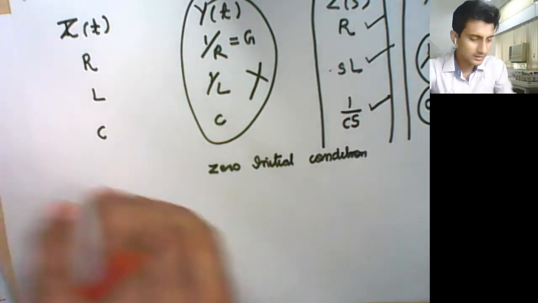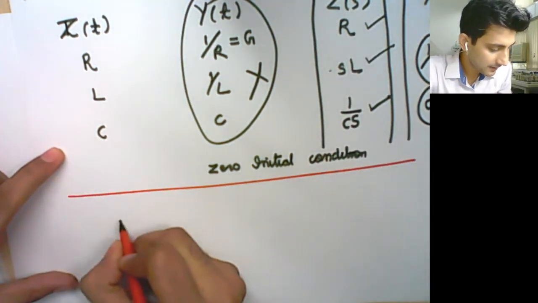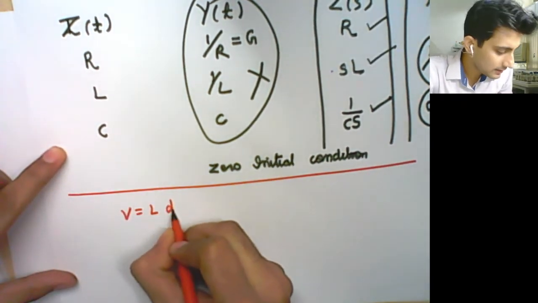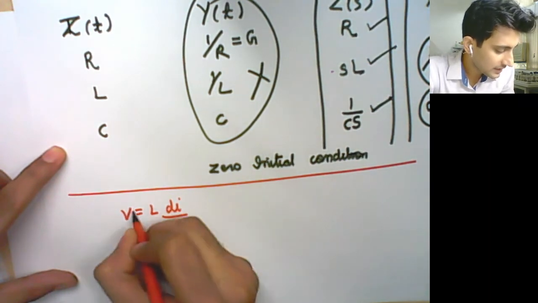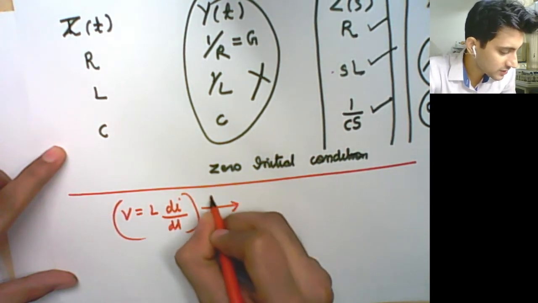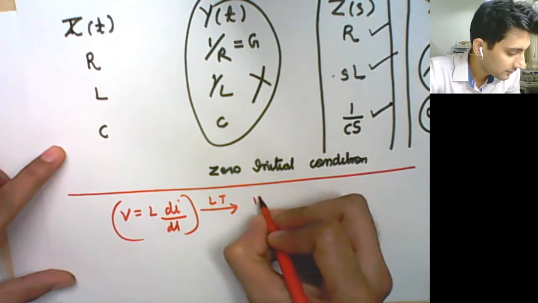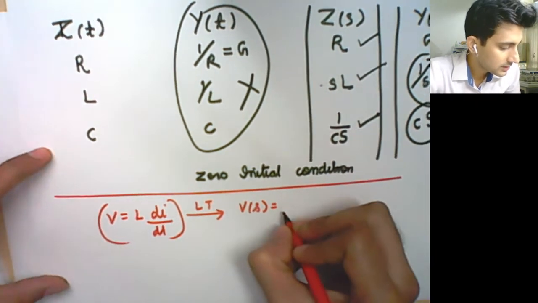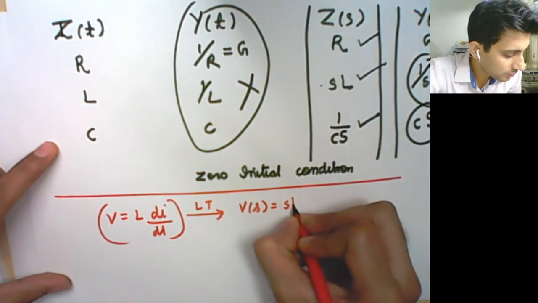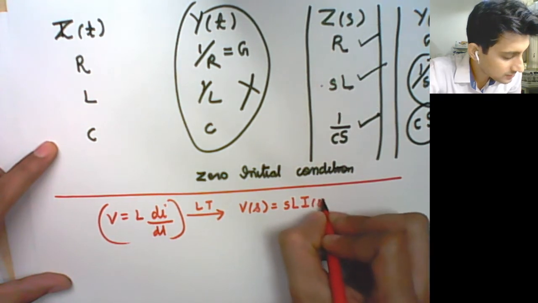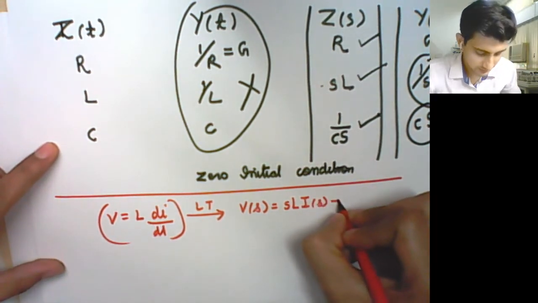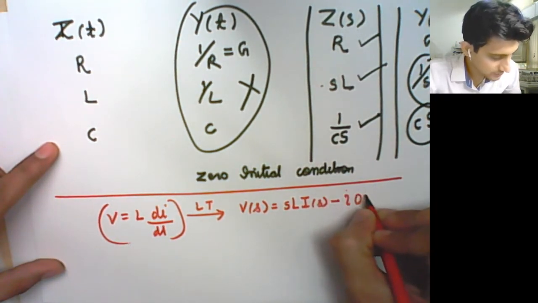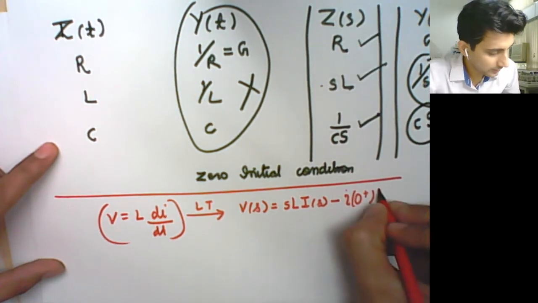In the particular equation, when we had V is equals to L di by dt, if you take the Laplace transform of it, it would become Vs is equals to S into L into Is minus I0 plus into L.